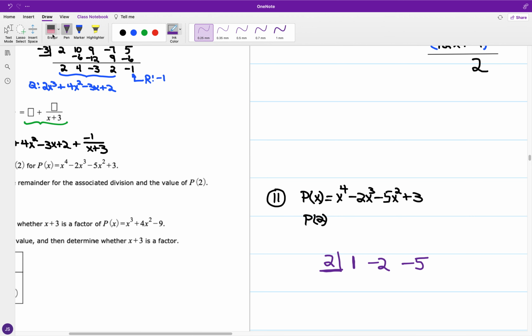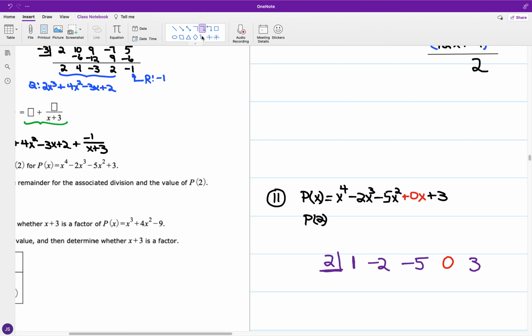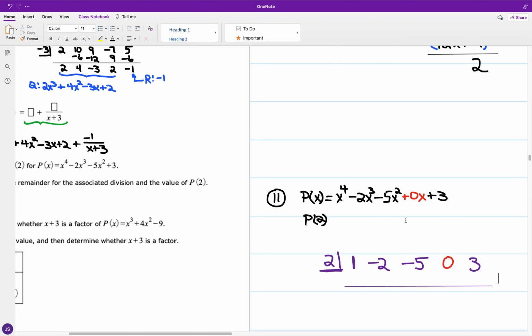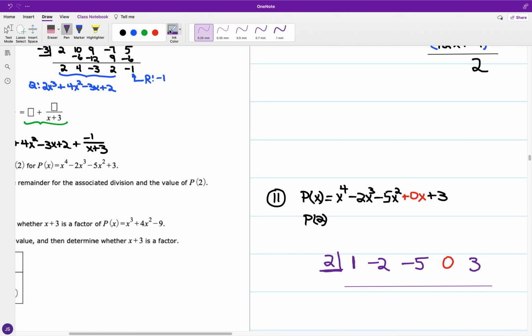And if you notice, we do not have an x term, so I need to create a 0 placeholder. So you've got 1, negative 2, negative 5, and 0 for the missing first order x term. And again, we have 3 at the end.